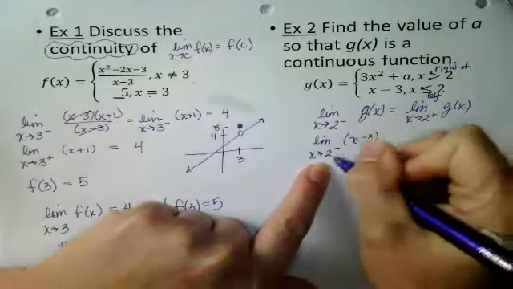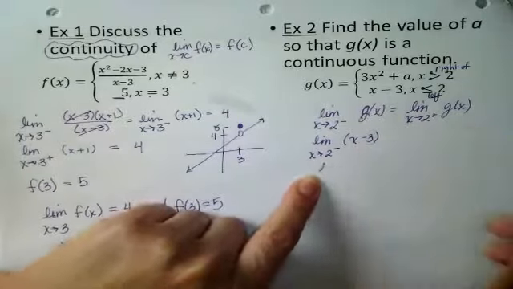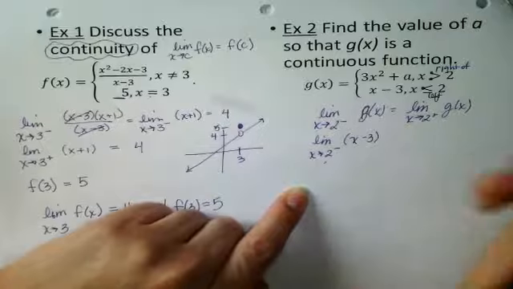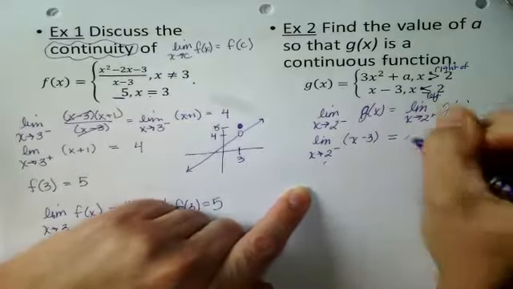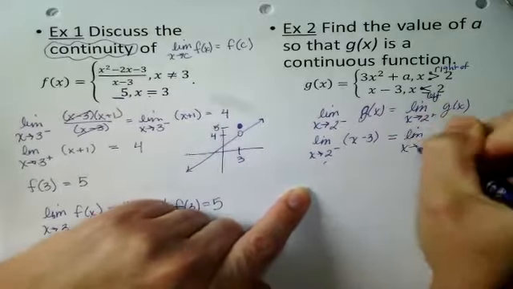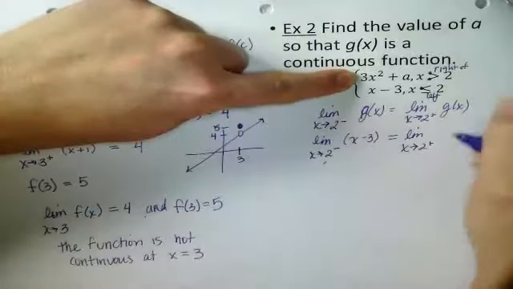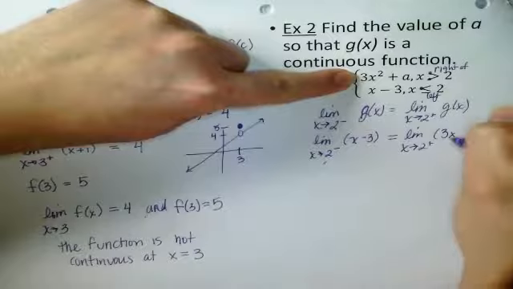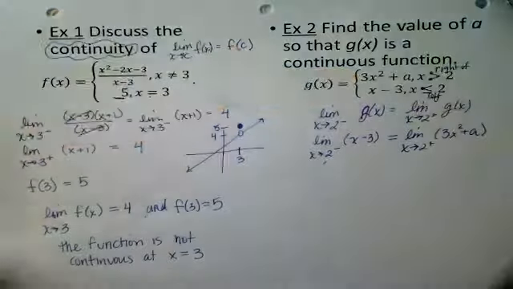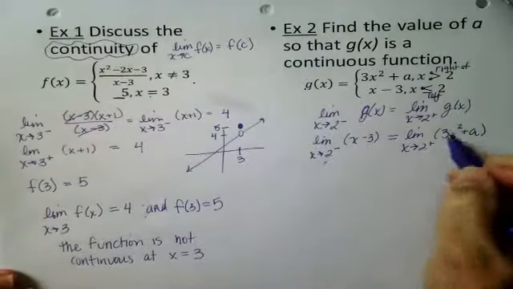And again, we can plug that in. And that's going to be 2 minus 3 is negative 1. And then here from the right side, we're going to use this top equation. That's what we use when we're slightly to the right here. 3x squared plus a.